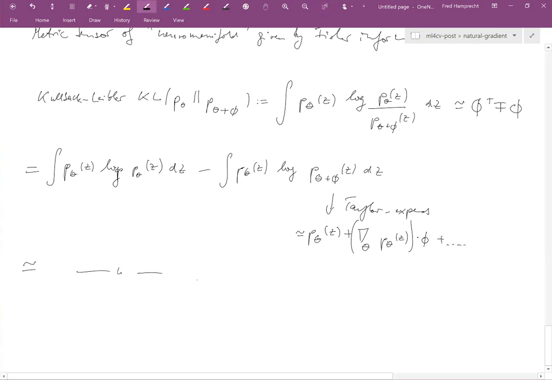I copy the first term, and now for the second one, we have the integral of p theta of z times the logarithm of, and I'm multiplying out p theta of z, and now multiplying this with 1 plus, and because there was no multiplier of p theta of z here, I need to divide by it.